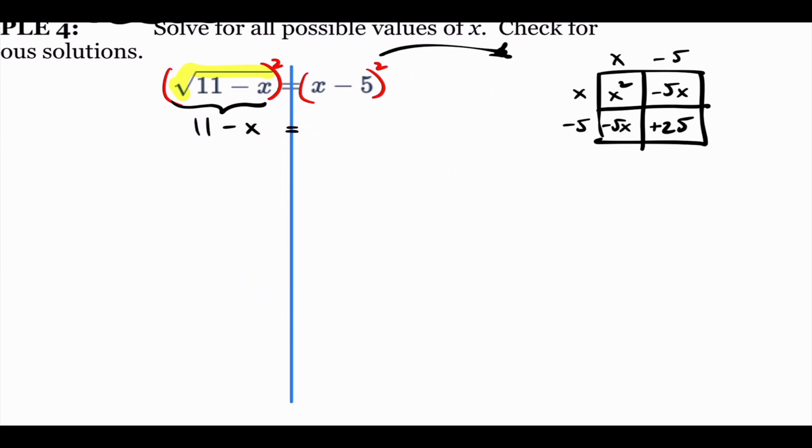Combine like terms. Move it back. I get x squared, combine like terms, minus 10x plus 25. That's step 2.